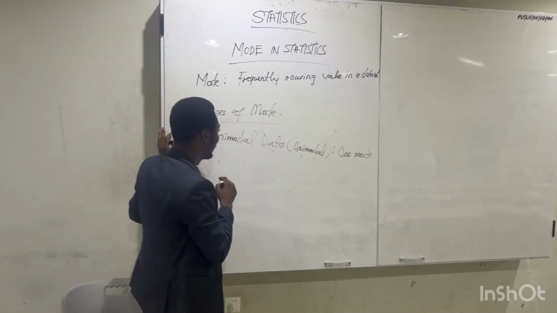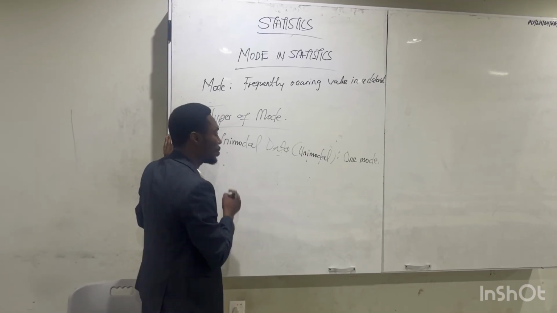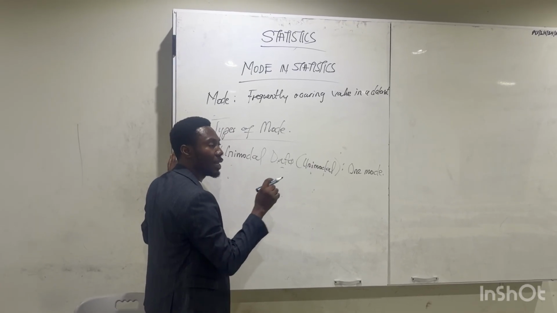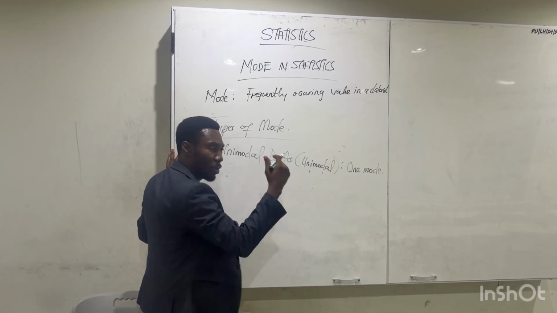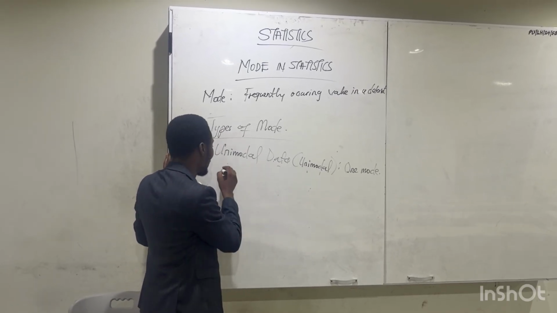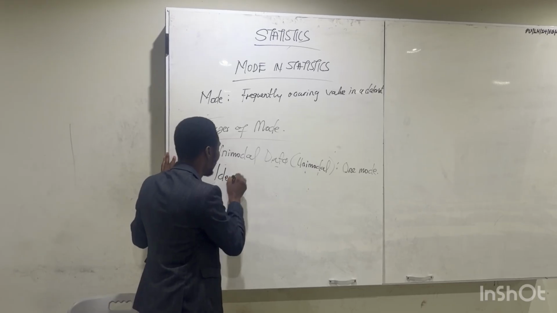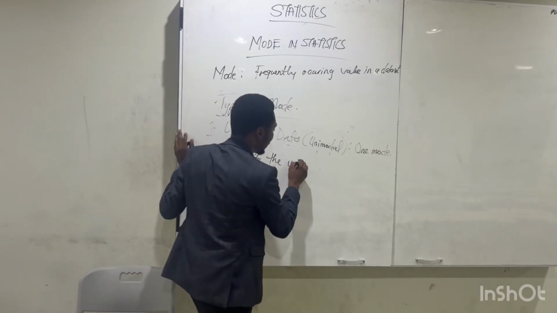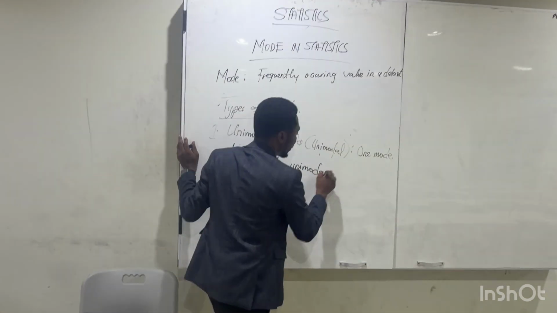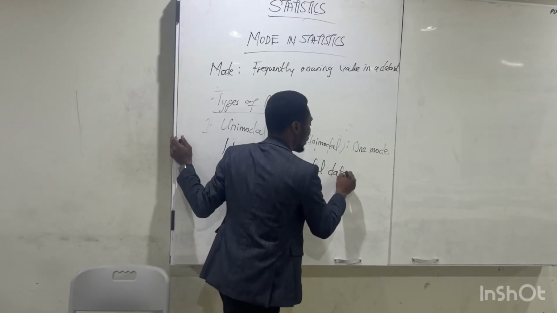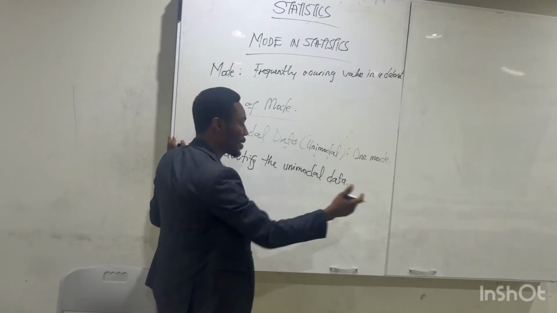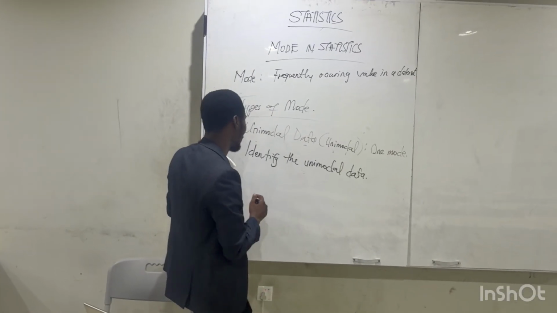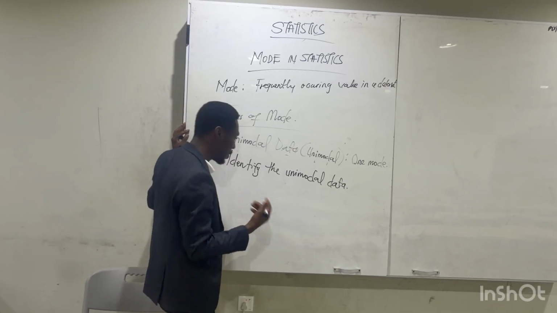So we can have a question where we will ask you to identify the unimodal data among a set of data sets. Okay, good. So here, this is how you are going to go about it.